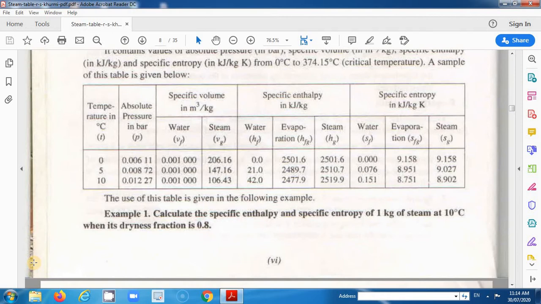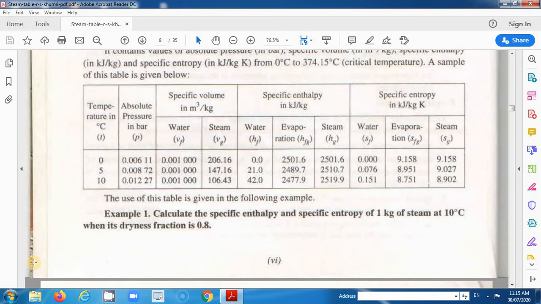Is it clear? So here 1 kg mass is given, so we can directly take those values as they are. Suppose some other mass is given, 5 kg, then we have to multiply those values by 5. Can you understand? All the values in the steam table are per kg. Here also 1 kg mass is given, so we can use the direct values given in the steam table.